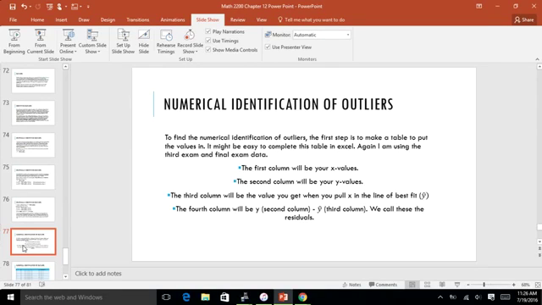In your first column, you're going to have your X values. In your second column, your Y values. Your third column is going to be the values that you get when you put X into your line of best fit. We call it your Y hat value, or your predicted value. The fourth column is going to be Y minus Y hat, and we call that the residuals.